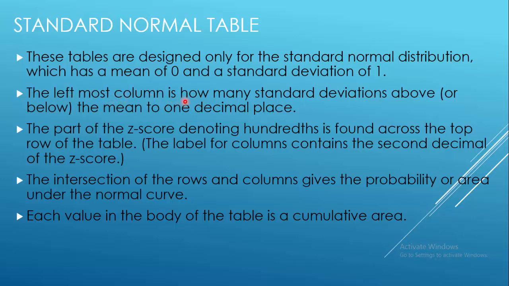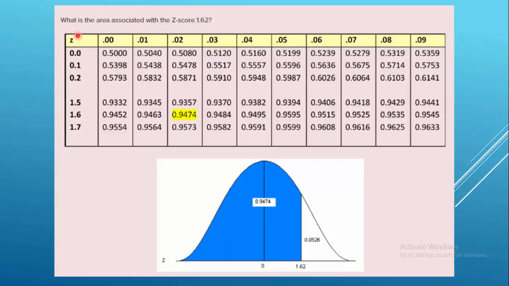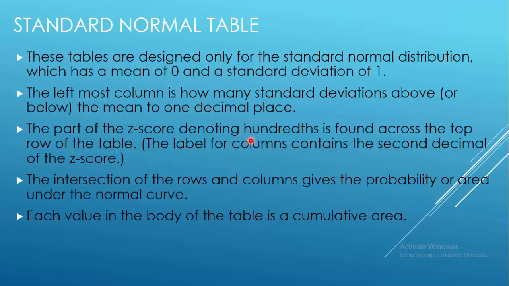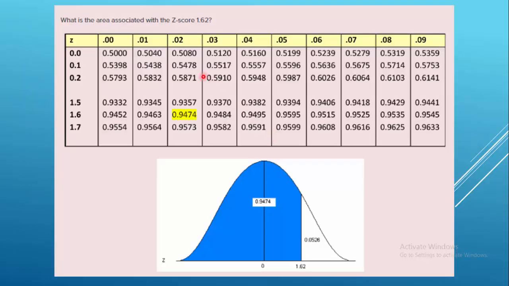The leftmost column gives 1.6, which is the first decimal place, and the top row gives the hundredths, 0.02.